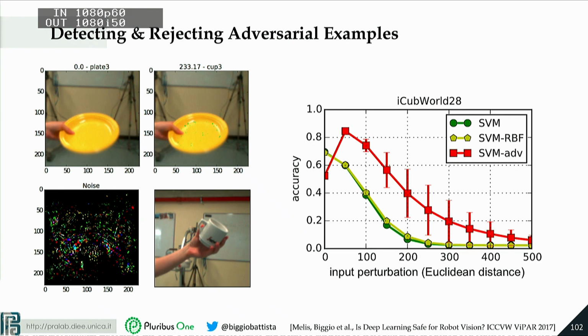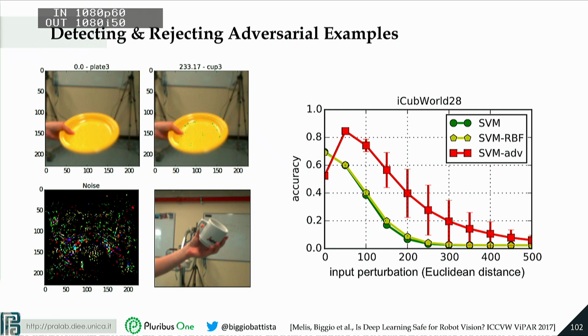And now, what happens when we apply rejection in this case? The green and the yellow curves are just the standard SVM classifiers trained on top of the deep net that extracts the features from the images. And here you have that more or less the accuracy is 70%. Recall that we have 28 classes of objects, so it's not that bad.